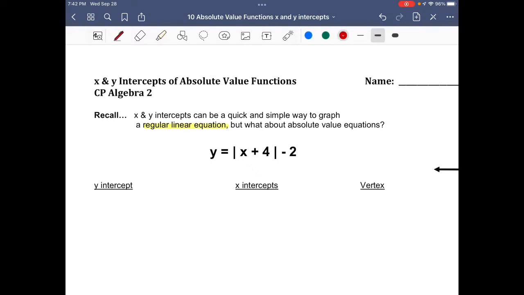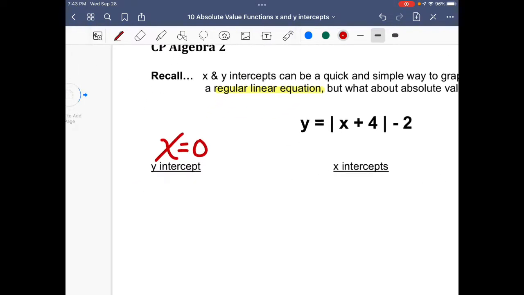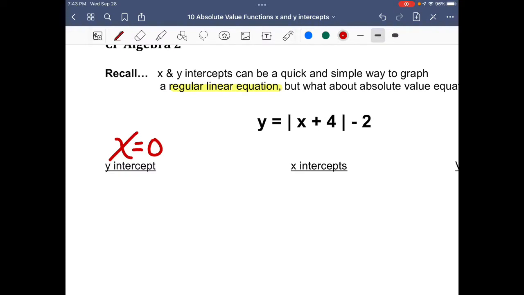Let's take a look. So remember, the Y-intercept is when x is equal to 0. Hopefully that doesn't feel backwards to you. So I think we can just plug a 0 in for x. Now when you do that, you end up with the absolute value of 0 plus 4 minus 2.